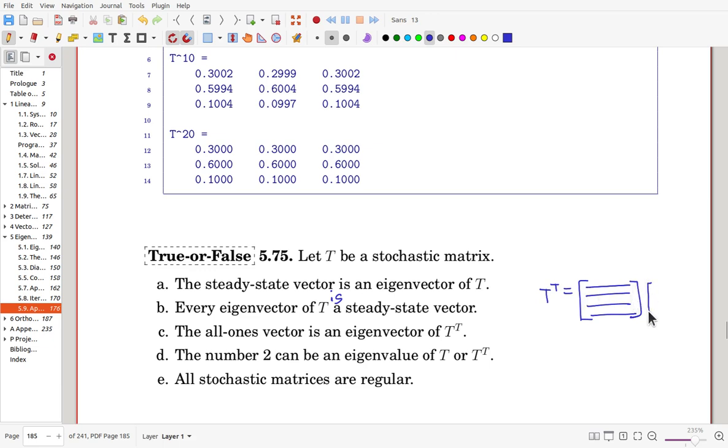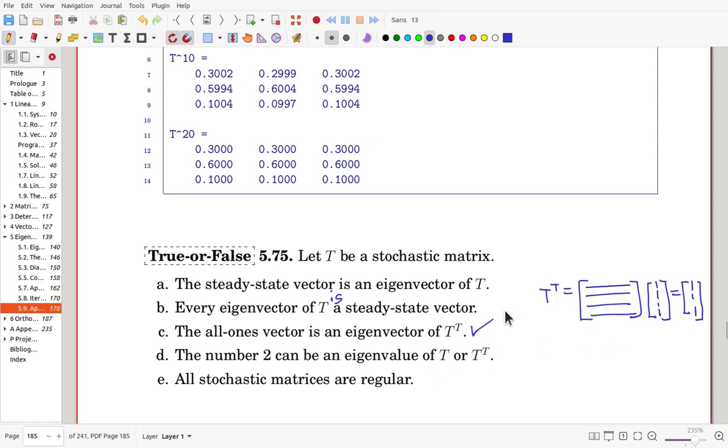Now the all ones vector is just every entry one. If we make a product, each entry becomes the summation of the row entries, which is 1. Again, the summation of the entries will be 1, so eventually we get the all ones vector. So the all ones vector is an eigenvector of T transpose.